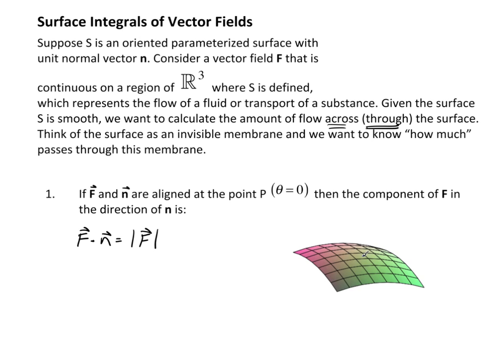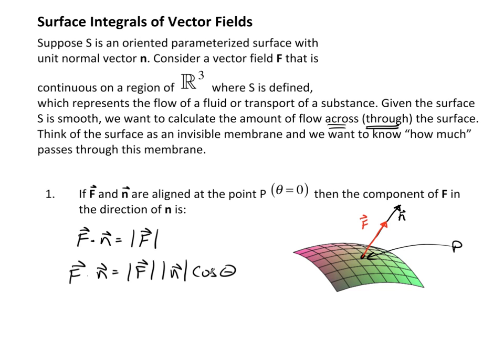So here's some point P, here's my normal vector, and here's my vector field F. They're perfectly aligned. The angle between them is 0. We can see this from the dot product, because F dot n is equal to the magnitude of F times the magnitude of n times cosine of theta. Remember, n is a unit normal vector, so its magnitude is just 1.